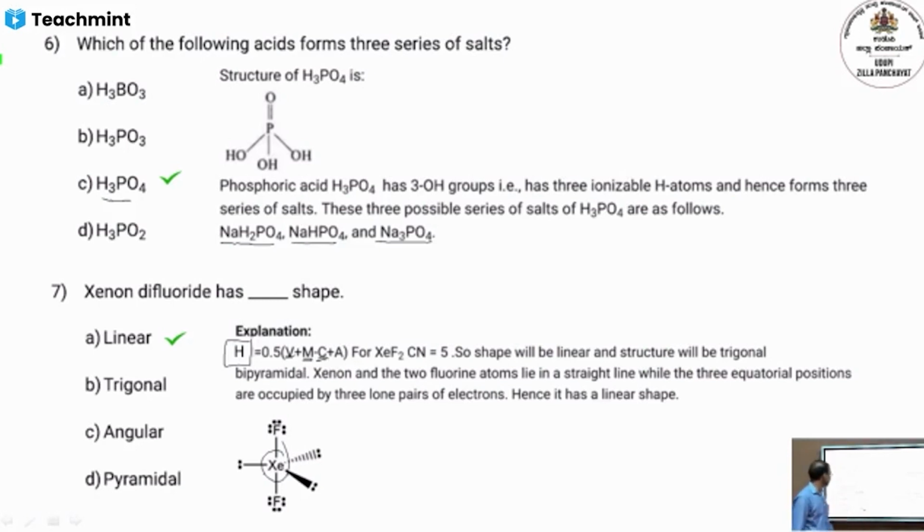So here, if you calculate, there are 8 valence electrons on the central xenon, plus 2 monovalent fluorine atoms.